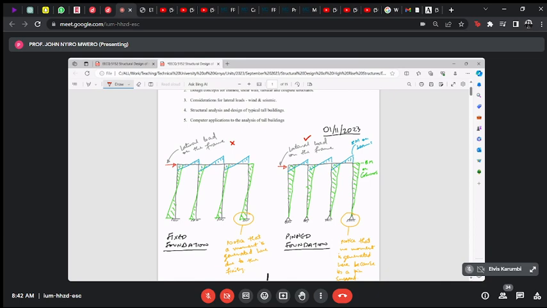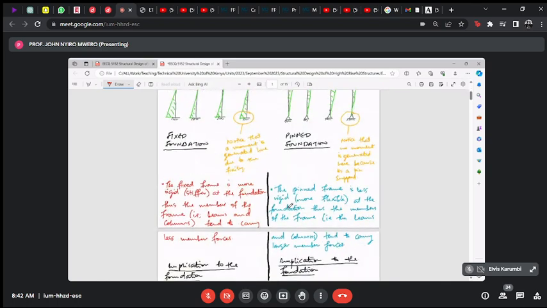So we will not say that no, this is better or the other one is better, but these are the thoughts that go into these two possibilities of supporting the column at the foundation.